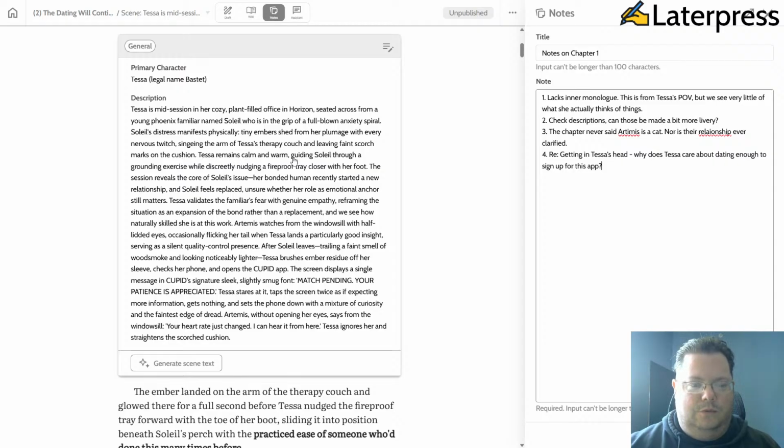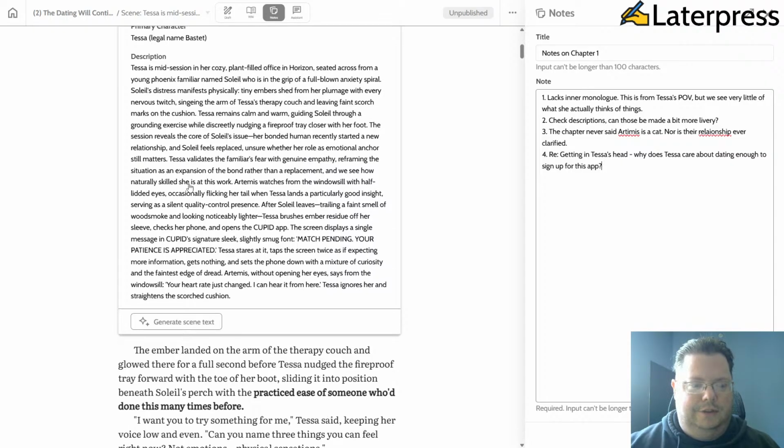Tessa remains calm and warm, guiding Salil through a grounding exercise while discreetly nudging a fireproof tray closer with her foot. The session reveals the core of Salil's issue. Her bonded human recently started a new relationship, and Salil feels replaced, unsure whether her role as emotional anchor still matters. Tessa validates the familiar's fear.